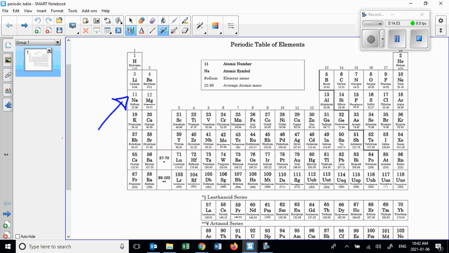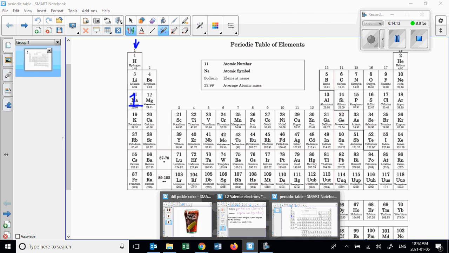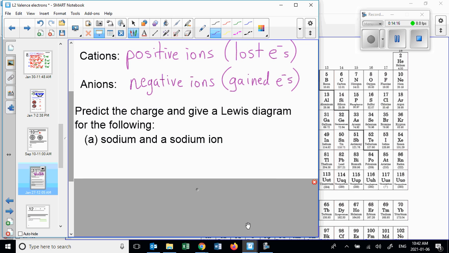Anyways, there it is. As far as the valence electrons, it's in the first column. It has 1 valence electron that we're worried about. So its diagram is pretty simple. Sodium, Na, 1 electron.